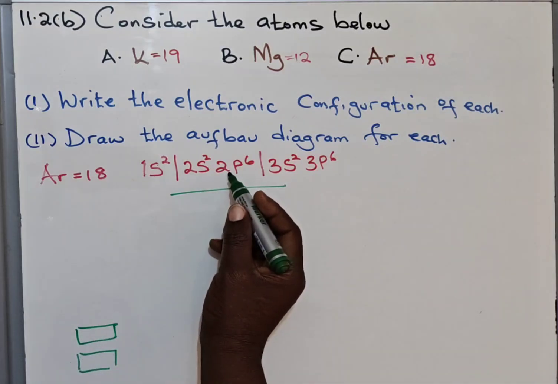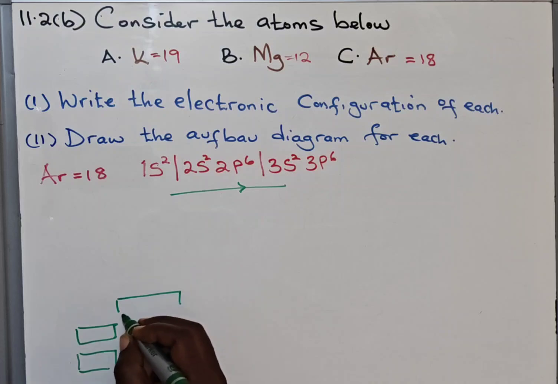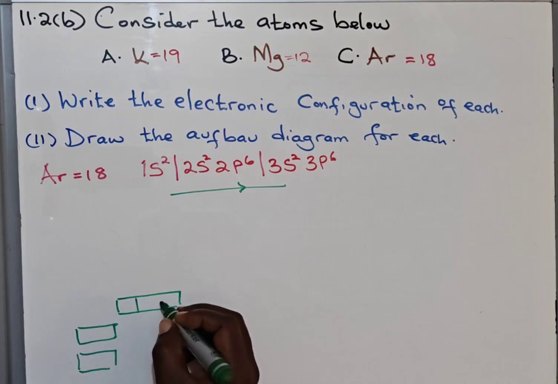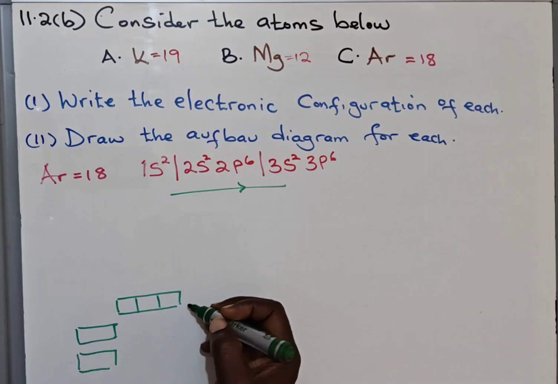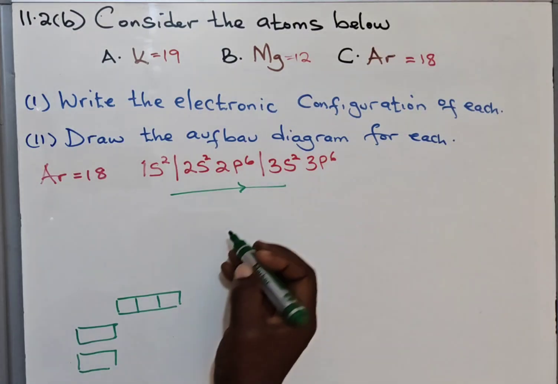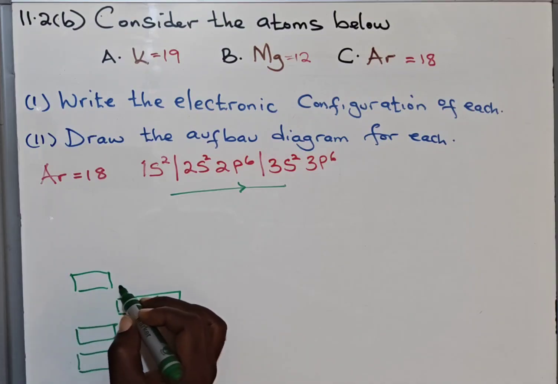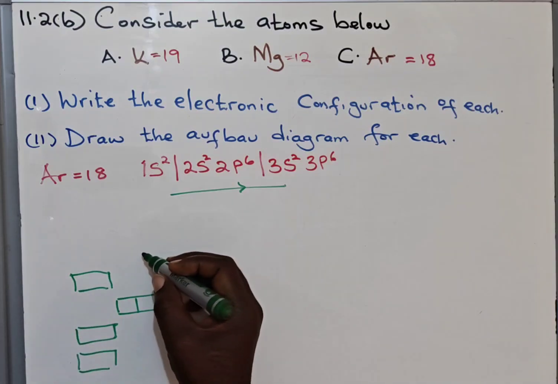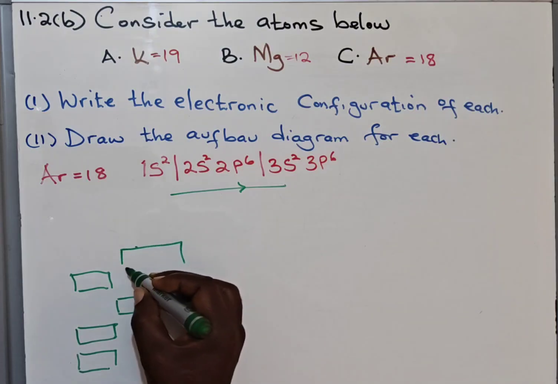Then you can put the P. P is at a slightly higher energy level compared to S, and it has 3 subatomic orbitals. The next one is going to be 3s, which we put here. Then we put 3p here.